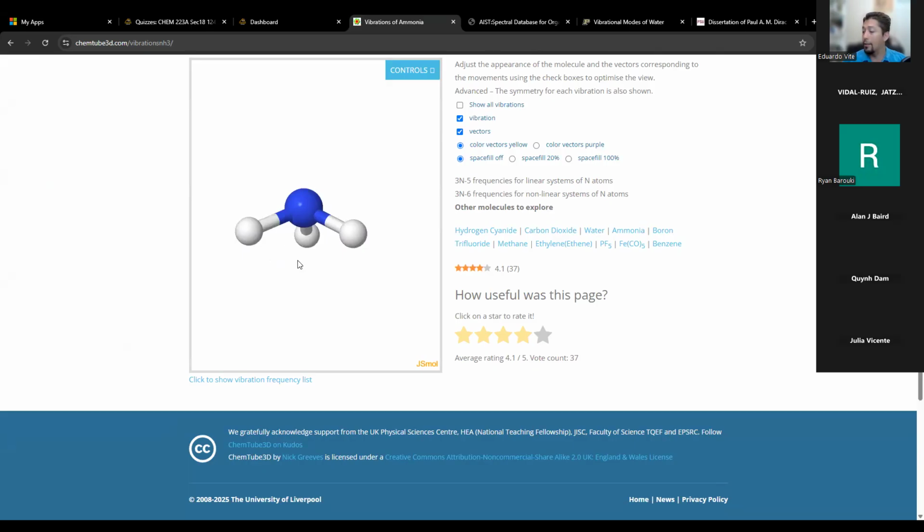We expect more vibrations because there's more atoms. That's just true. You can see here, 3N minus 5 frequencies for linear systems and 3N minus 6 for nonlinear systems. Well, this is a linear system, and we have 4 atoms. 3 times 4 is 12 minus 5 equals 7. So we should have 7 vibrations. Let's check.